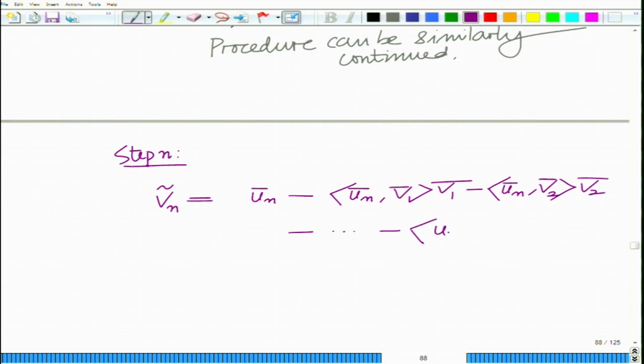The last one is you remove the projection along Vn minus 1 bar.